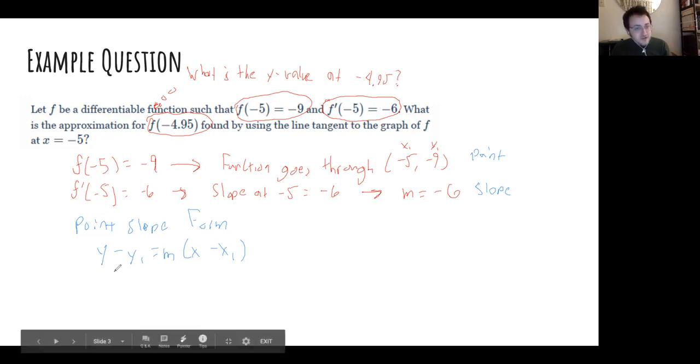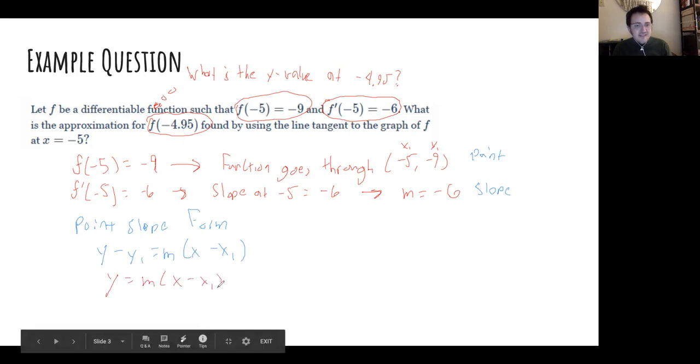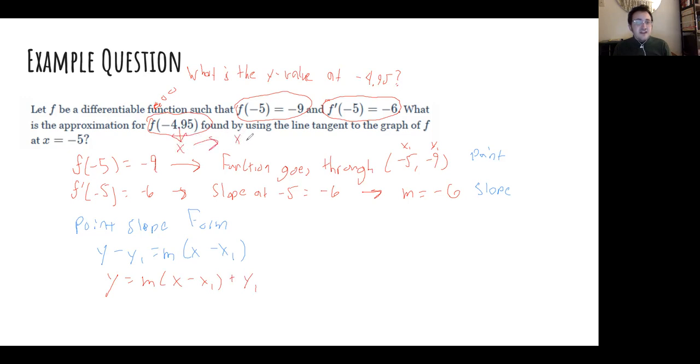So if I want to do that, I could just move the y1 to the other side. And this would be your x. So I could say the x that is not the x1, but I could just say that x is -4.95. So I have all the pieces of information that I need to come up with that y value. We're going to solve this very soon.